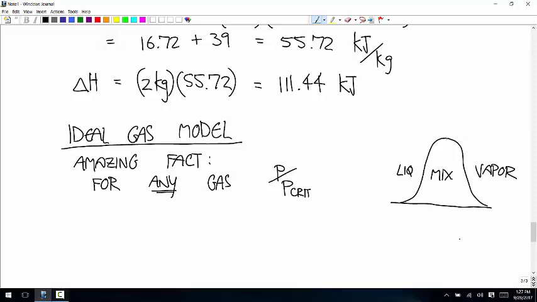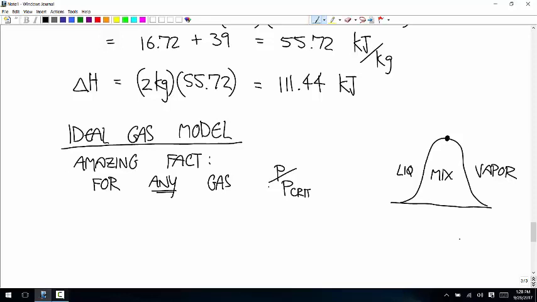And if you get above a critical temperature and a critical pressure, there's no more distinction between liquid and vapor. All there is is this supercritical fluid, it's called. Gas and liquid are the same thing. So that's the pressure at the top of that vapor dome.